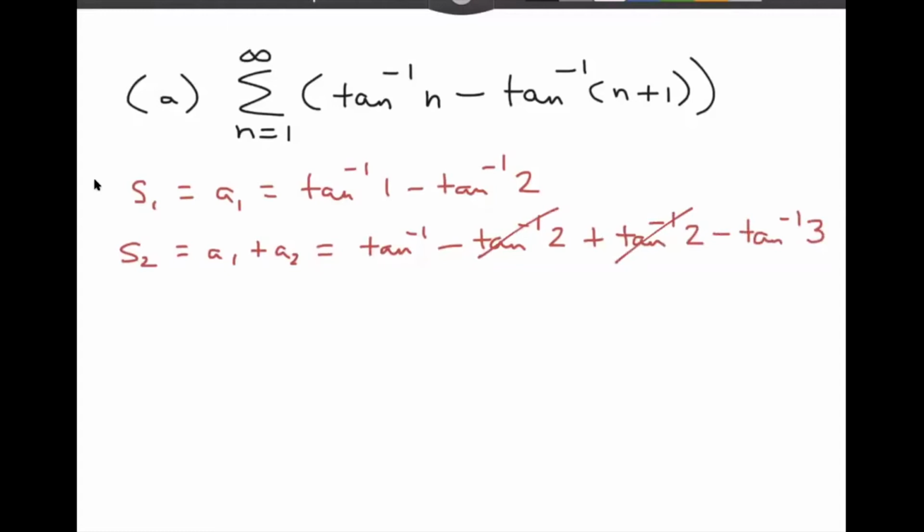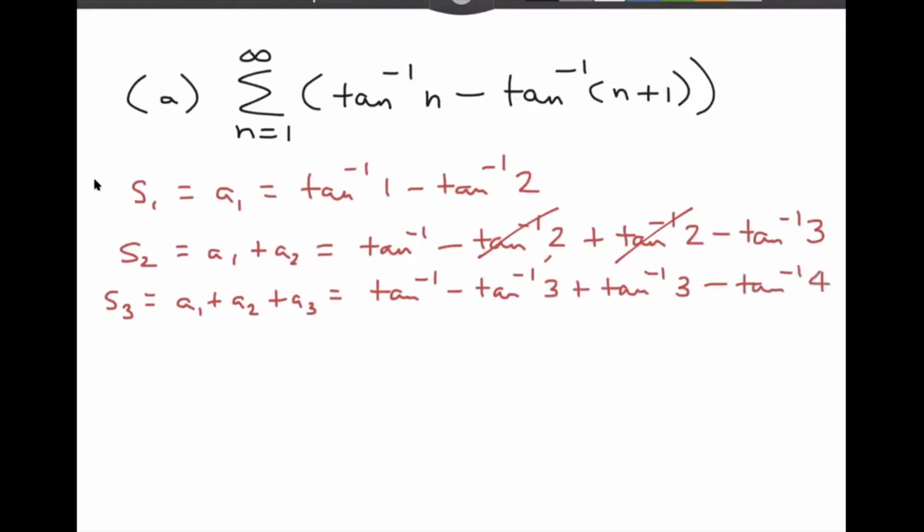Let's do one more. S3 would be the sum of the first three terms. And actually, why don't I just take down the one that we just did, and then I'll tack on the new term, which is inverse tangent 3 minus inverse tangent 4. Hopefully you see the pattern.